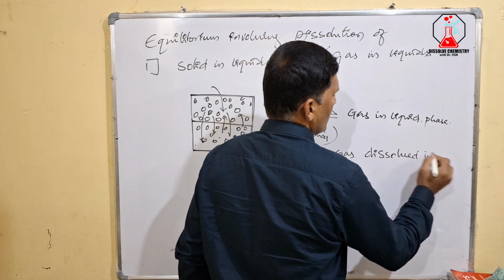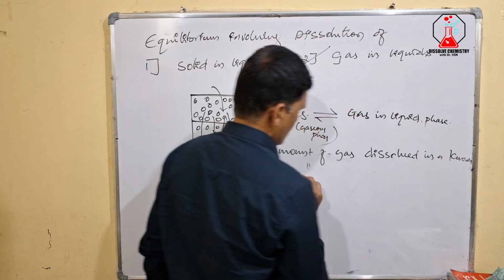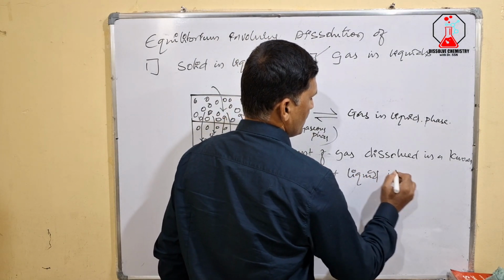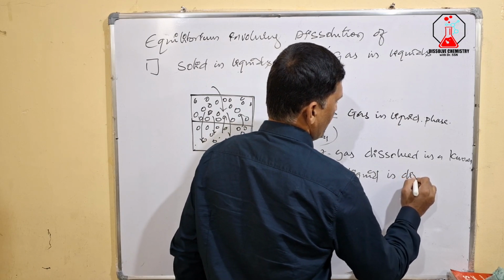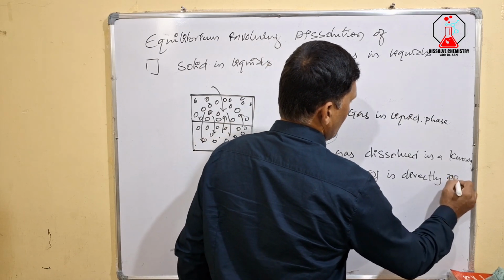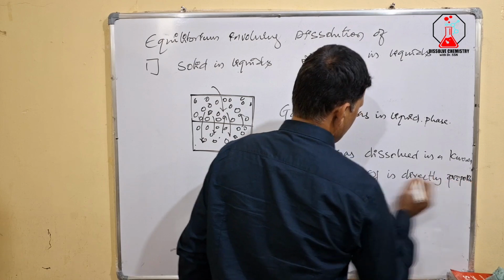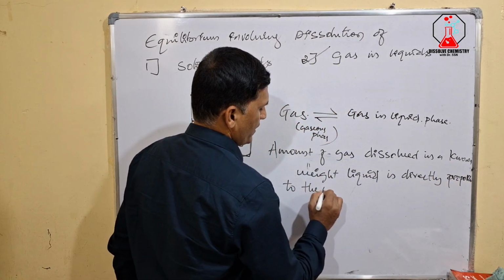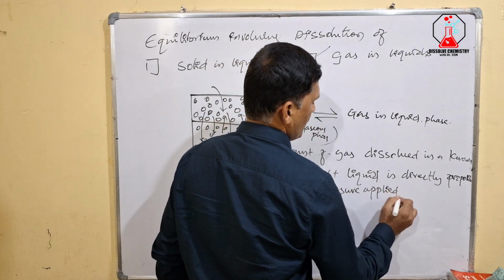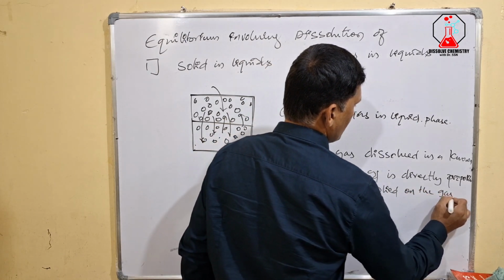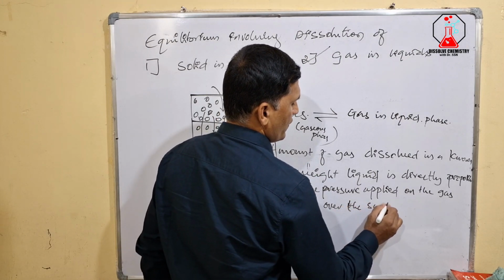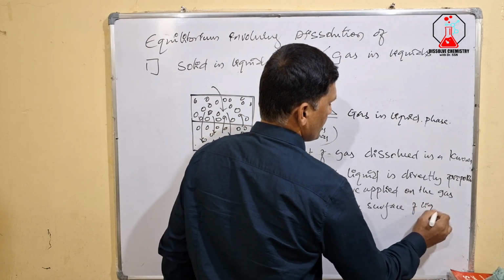Okay, and what Henry's law says, see here: the amount of gas dissolved in a known weight of liquid is directly proportional to the pressure applied on the gas over the surface of the liquid.